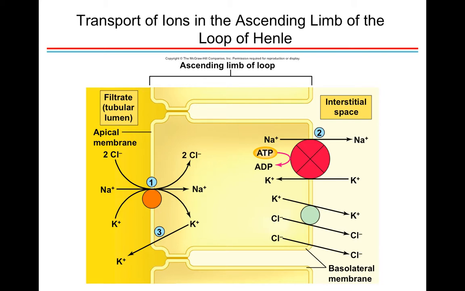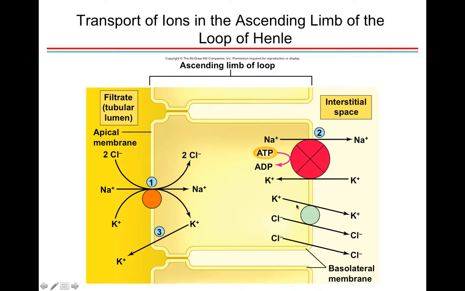So now let's look at the other side of the cell. I want to show you that since sodium is being pumped actively out of the cell, chloride ions are always going to want to follow the sodium. So they're attracted, and these will be basically passively leaving the cell, following their concentration gradient.